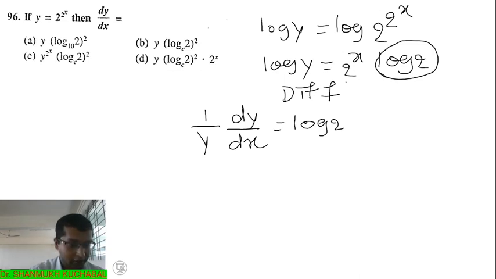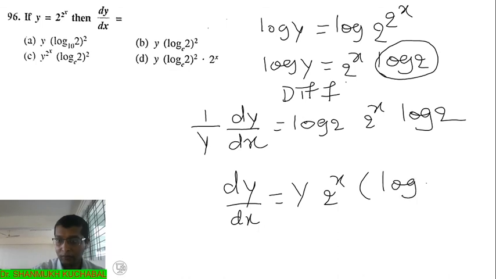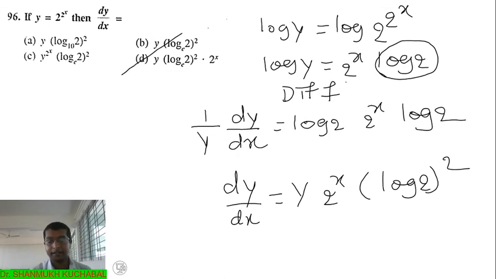The differentiation of a raised to x is a raised to x into log a. So 2 raised to x into log a, with a equal to 2, gives log 2. Then we can write dy by dx equal to y, with the transport shifting into the numerator, 2 raised to x, then log 2 whole square. So D is the right answer.